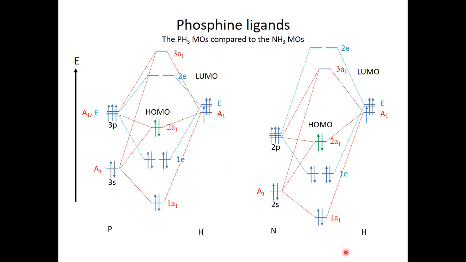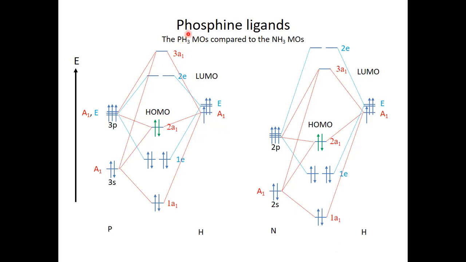Okay, now let's go from NO ligands to phosphine ligands. So phosphine ligands are also in a way related to CO in the sense that they can have strong pi acceptor interactions, even though they are chemically significantly different to the carbonyl ligand.